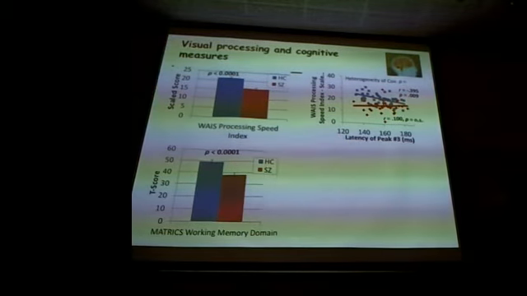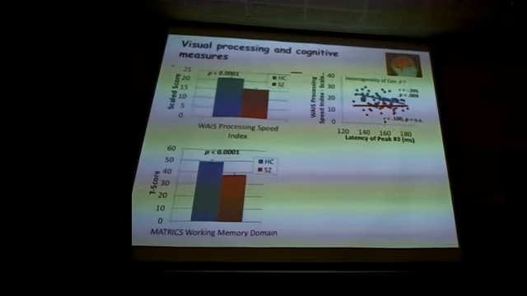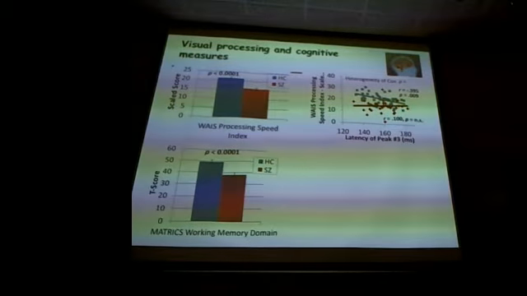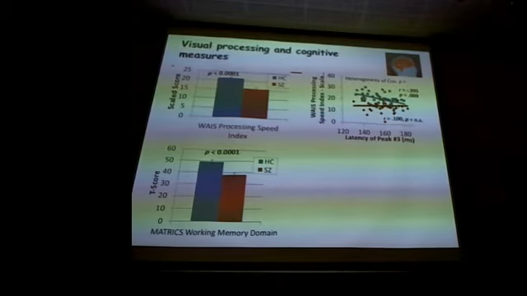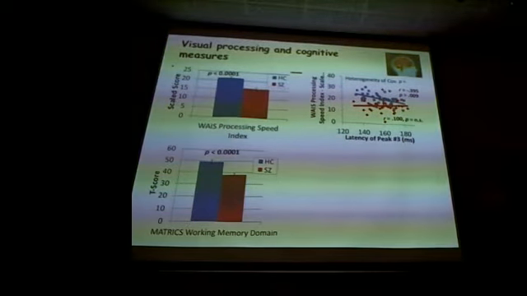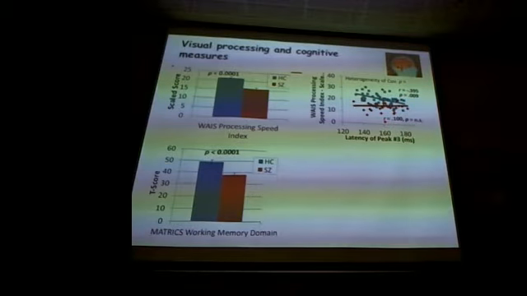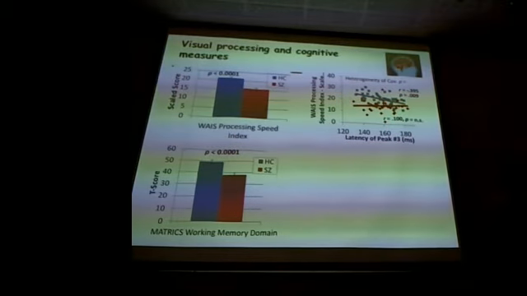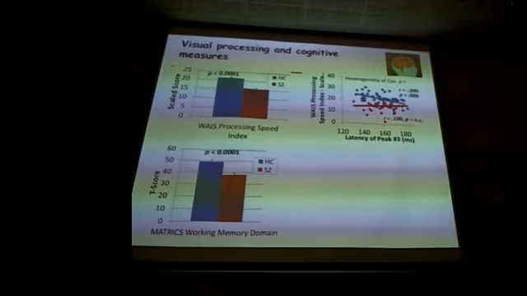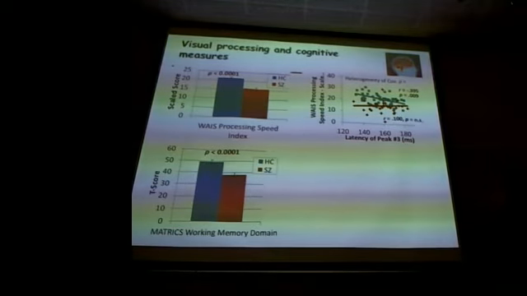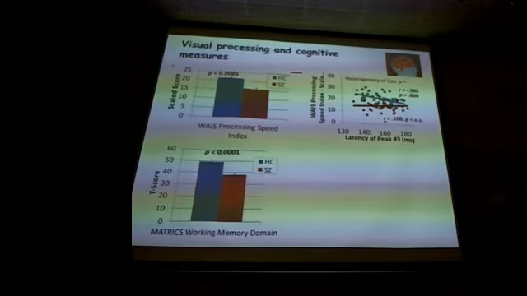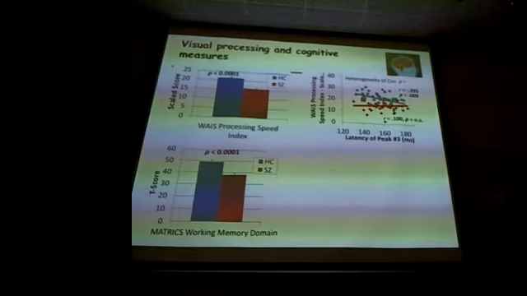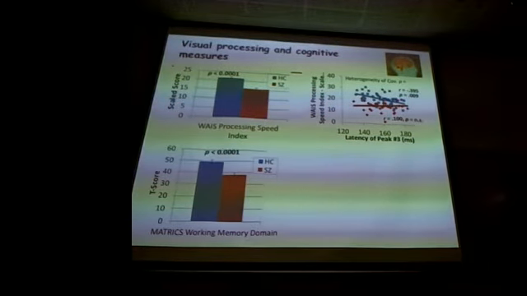And in healthy controls, there's this negative relationship between latency of this visual peak and their processing speed. So for the healthy controls who have faster V1 latency, so their visual system responds faster, they perform fastest with this processing speed. So they have the better score. In the patients, this relationship is lost.